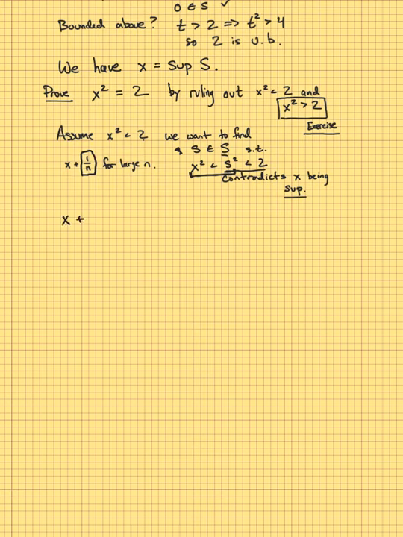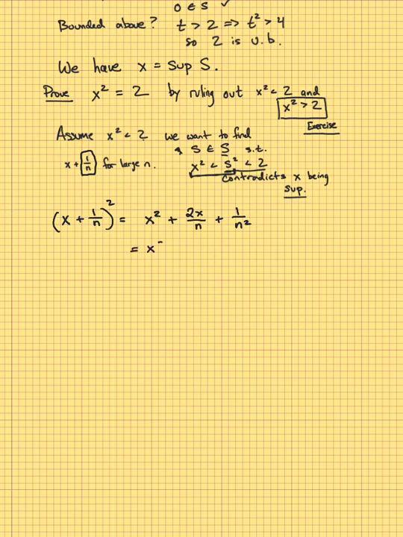So we have x plus 1 over n squared. This is what we're interested in. So this is x squared plus 2x over n plus 1 over n squared.